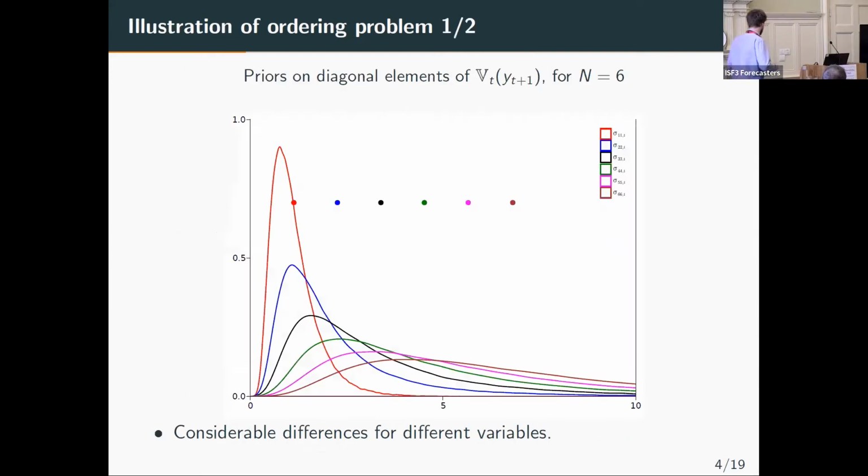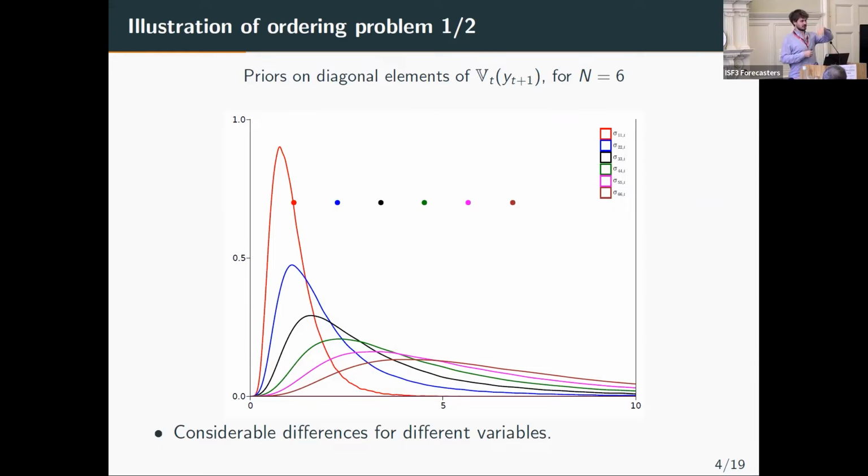And just by this triangular decomposition, what you see is that effectively the prior that you put on these variances, exactly on these diagonal elements of the variance covariance matrix, have very different means as well as densities in general.